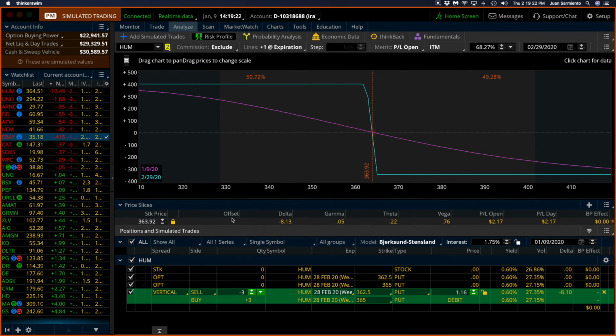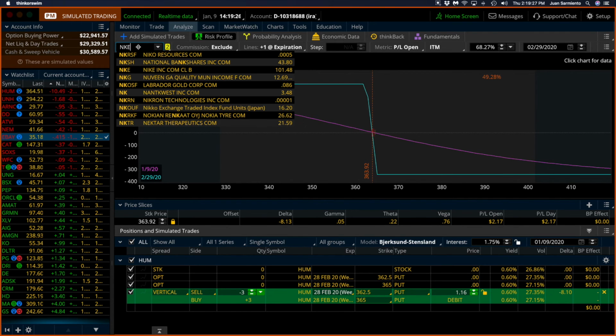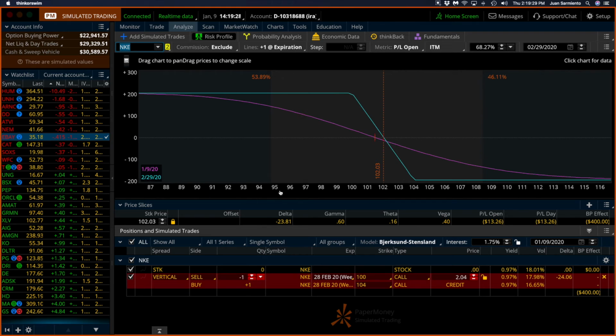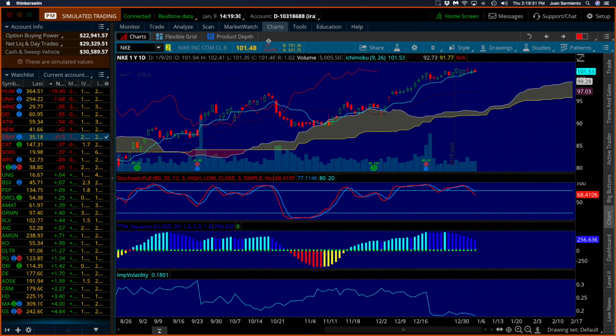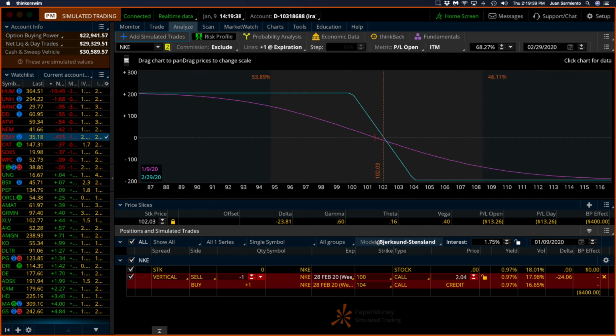And the other trade that I'm considering is NKE. Take a quick look at the chart. It's giving me some bearish signals. And here I'm risking 196 to make 204.